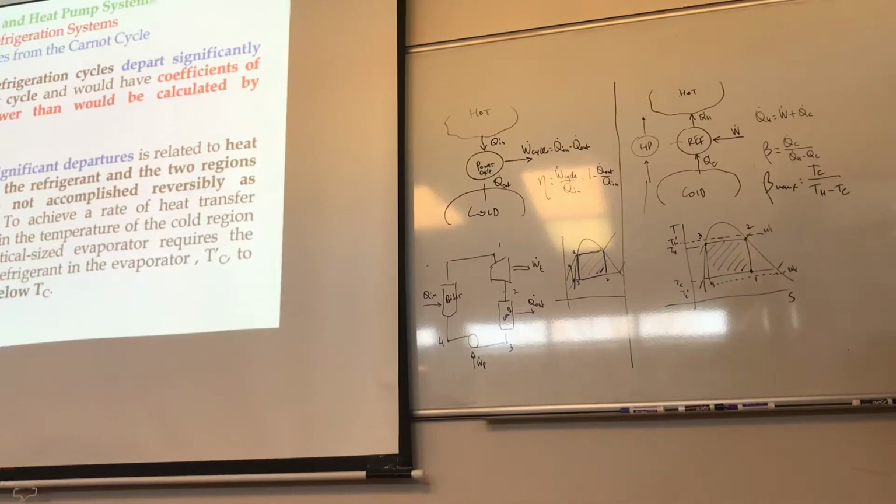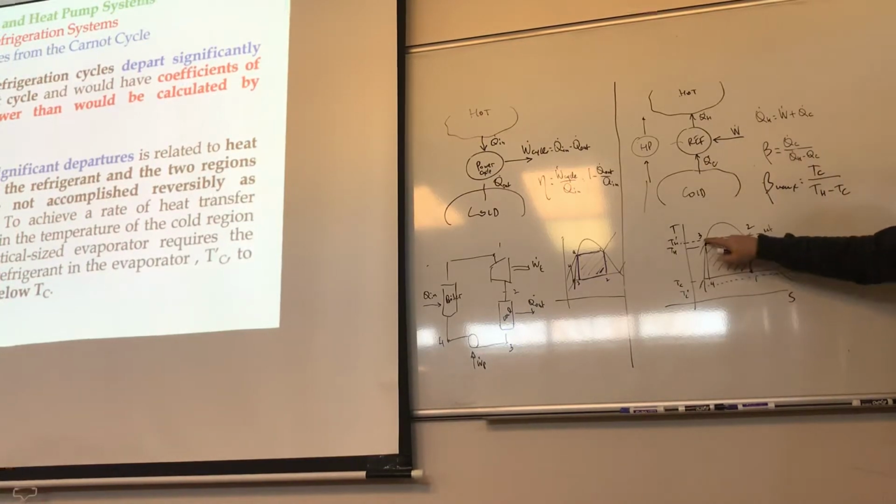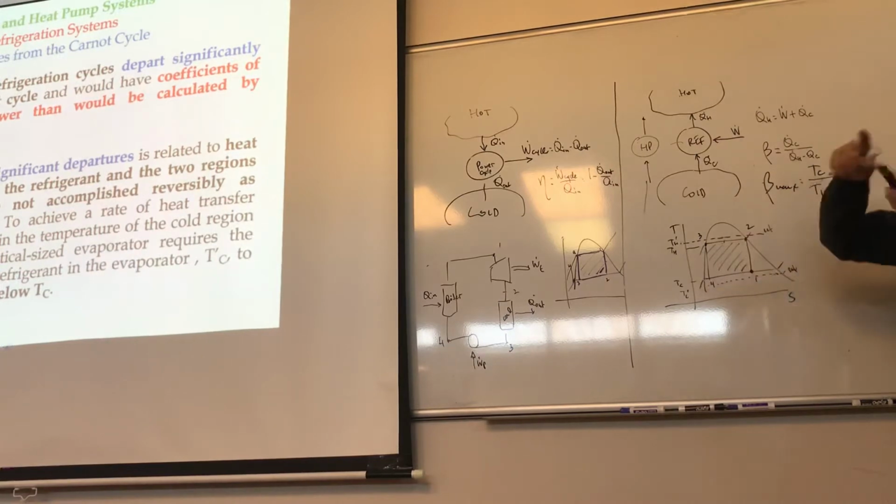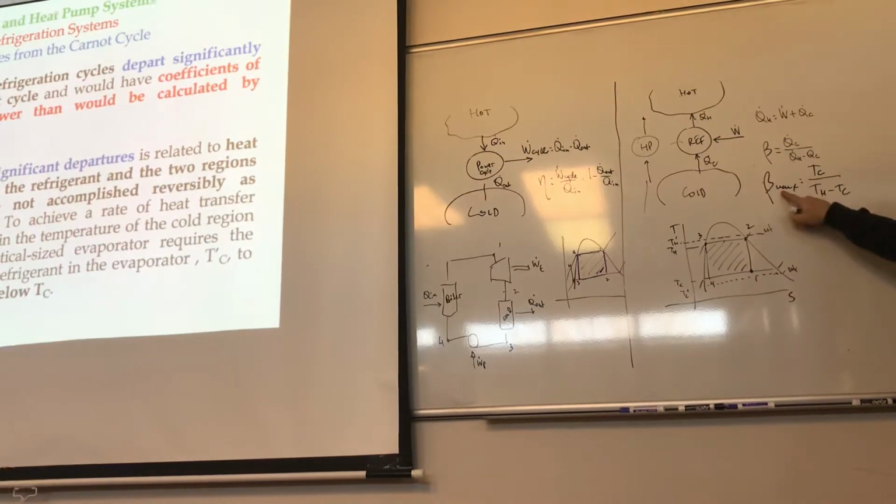Now, look at this equation just for a moment. If TC prime gets lower, what does it tend to do to this thing? If the numerator gets smaller, it tends to decrease, right? Now, if TH minus TC now becomes TH prime minus TC prime, which is larger, and I divide by some number that is bigger, then this thing becomes even smaller.